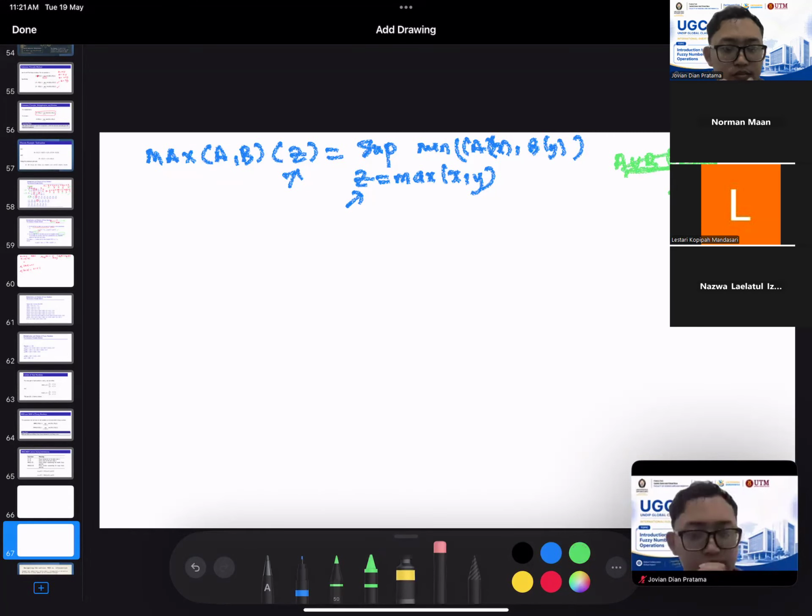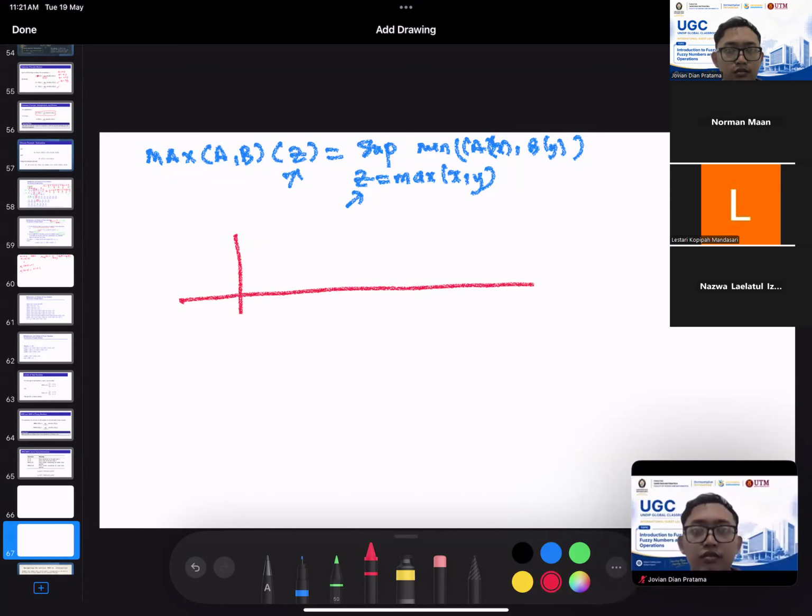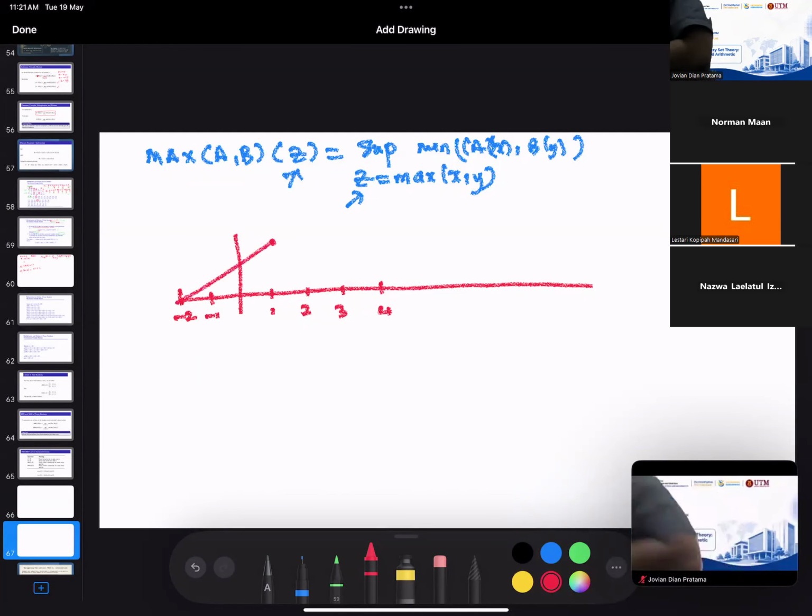Again, when we sketch the diagram of that problem, let's say I sketch the two diagrams again. This is -2, this is -1. You have 1, 2, 3, 4. The first one represents something like this, then you have 4 here. For B, you start from 1 and 3, so you have something like this.